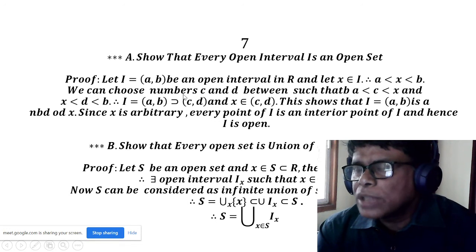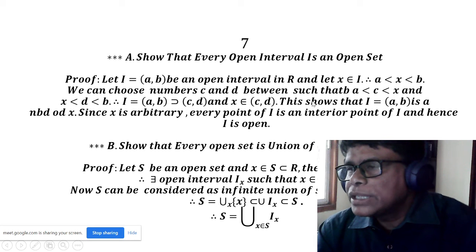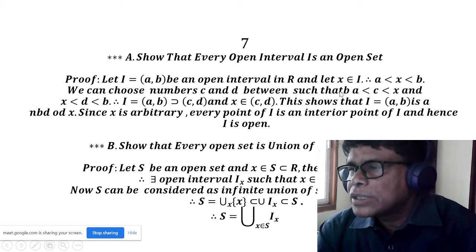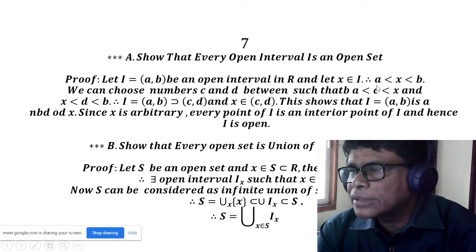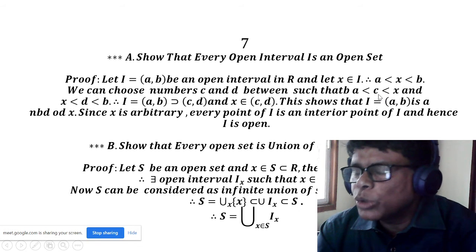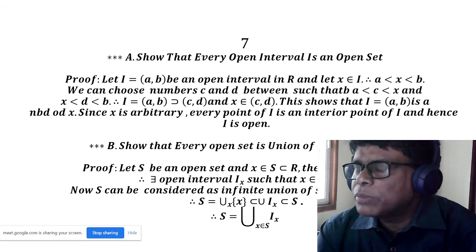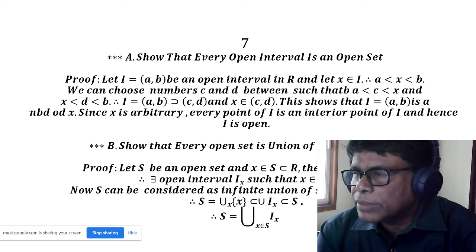That difference will be clear here. We can choose numbers C and D such that between A and X, C is a number. This follows from the density property of the real number set.